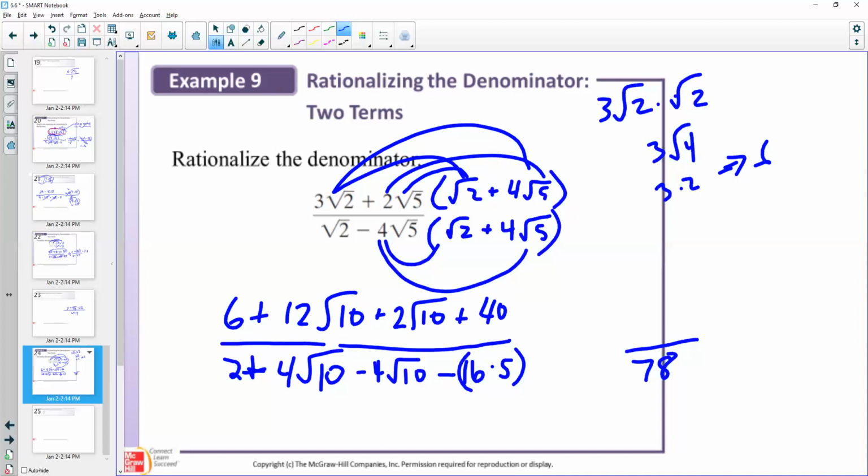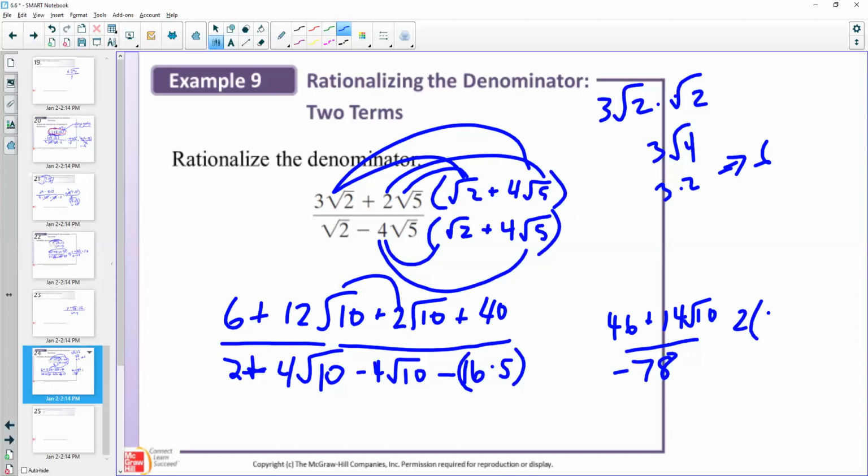All right, so then combine like terms on the top. 6 plus 40 is 46. 12 plus 2 is 14 radical 10. You can simplify this. They can both be reduced by 2. Oh, that's a negative 78. So I could factor a 2 out of the top.